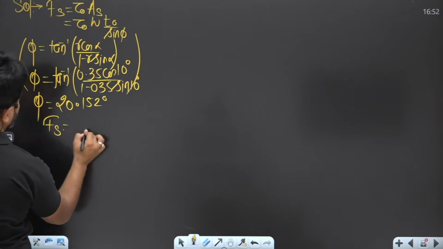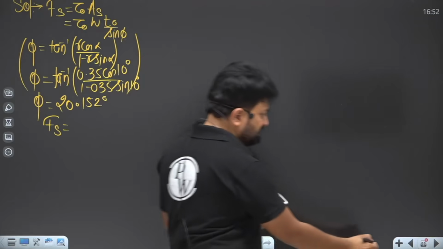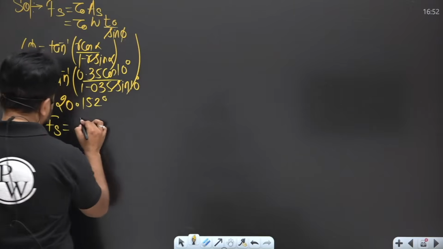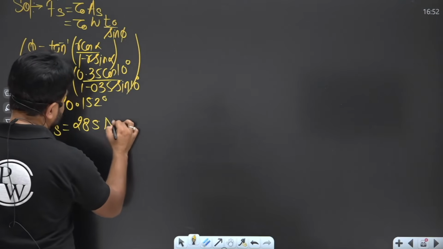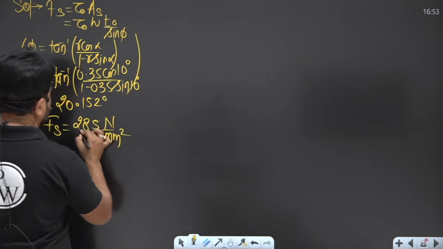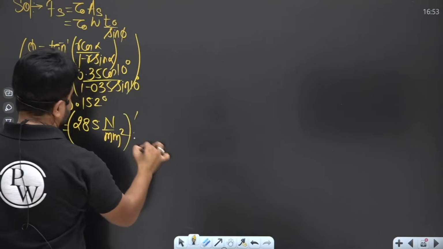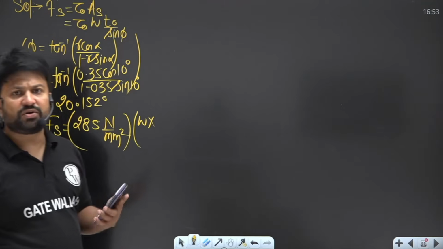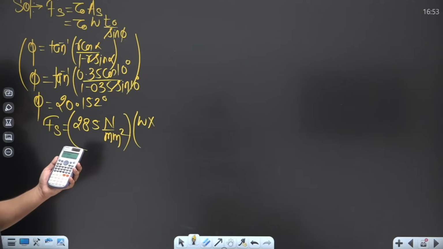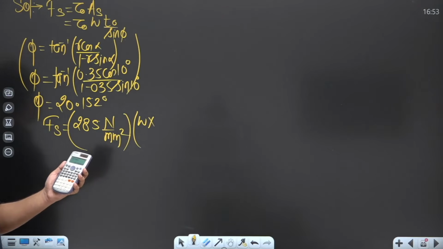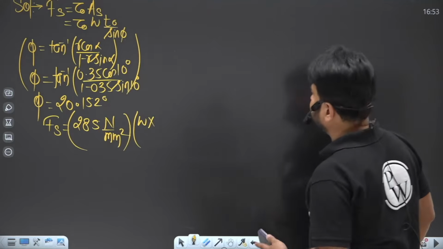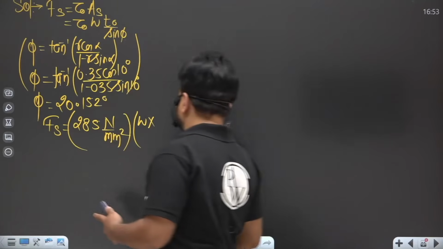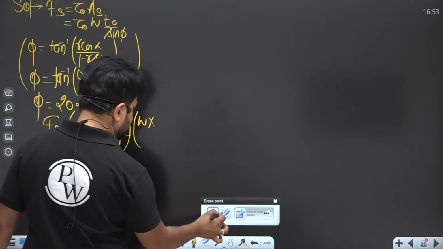Now, you know the value of phi, my dear. Can we find the value of Fs? Fs is tau naught, that is 285 Newton per mm square, into w, the width, which is 3, and the uncut thickness t0, which is 0.51.